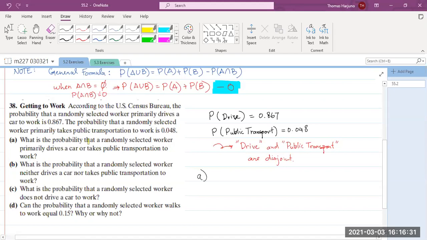What is the probability that a randomly selected worker primarily drives a car or takes public transportation to work? So, probability of driving or public transport equals probability of driving plus probability of public transport.